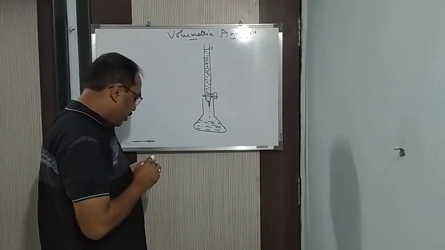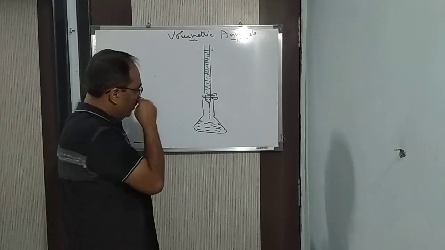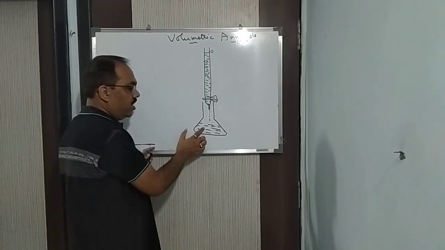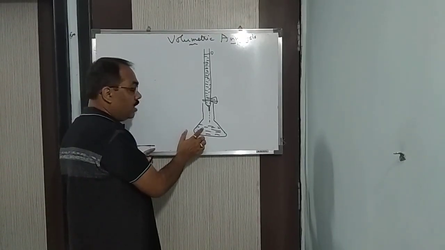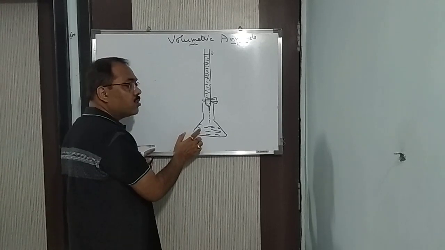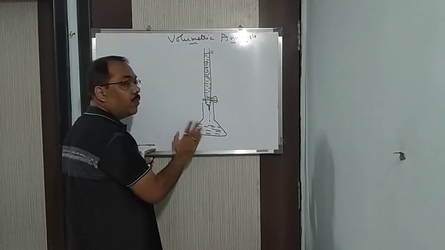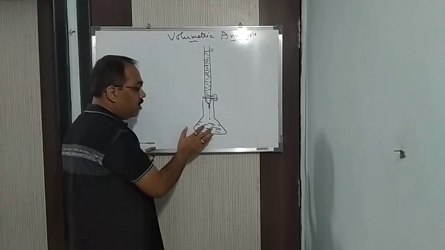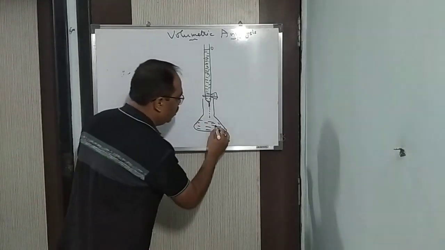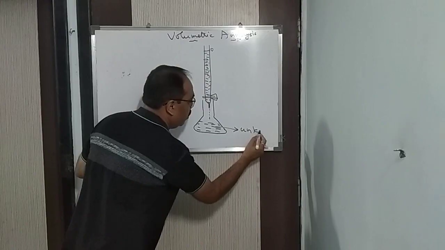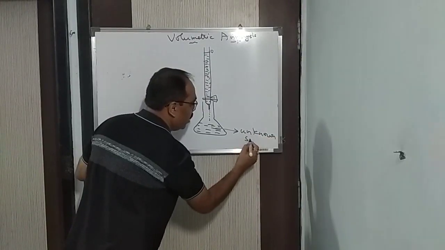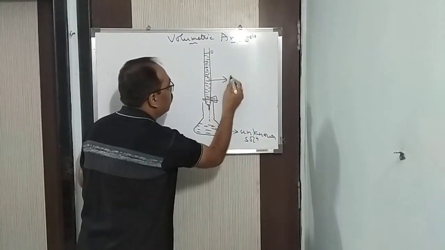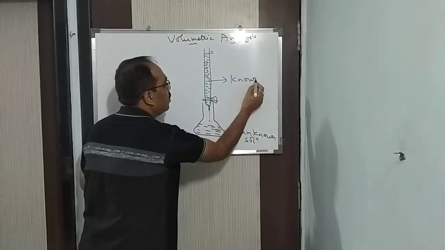So basically, the solution in the titration flask is the unknown solution. Unknown means whose concentration we have to determine. And the solution in the burette is the known solution, whose concentration you know.